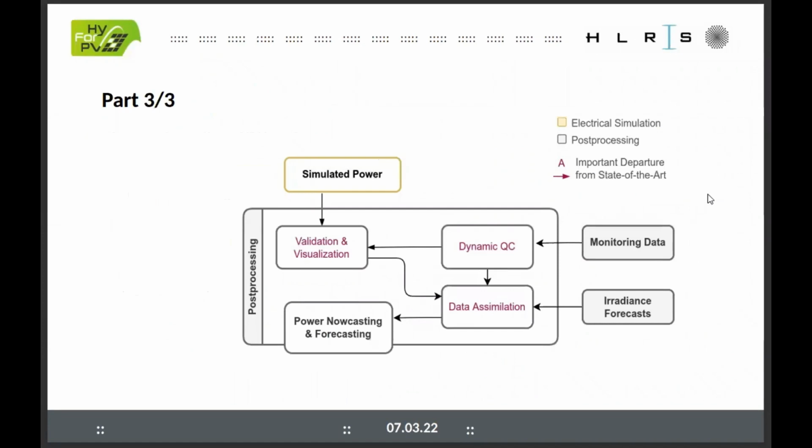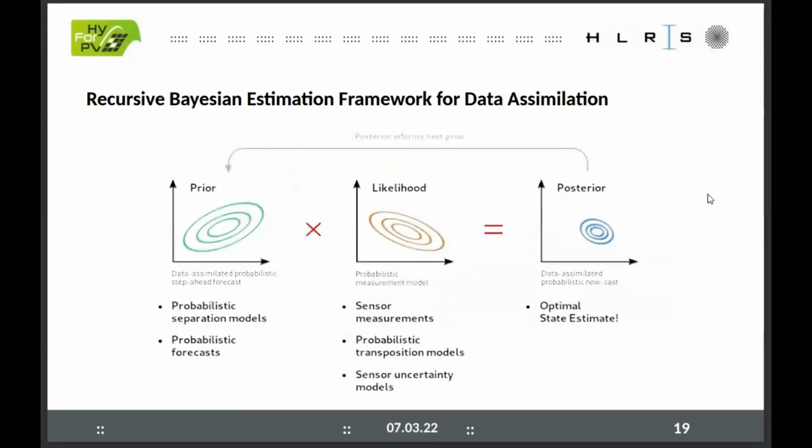And for data assimilation, this is my favorite part. My latest work is about making the most out of any data and any models that you have. The idea here, it's a Bayesian framework, and the idea is to combine forecasts with probabilistic separation models. So before having data, you already have an idea of where your data might be.